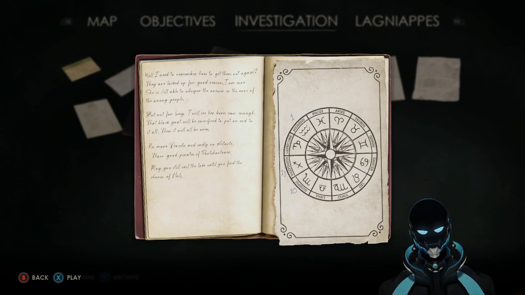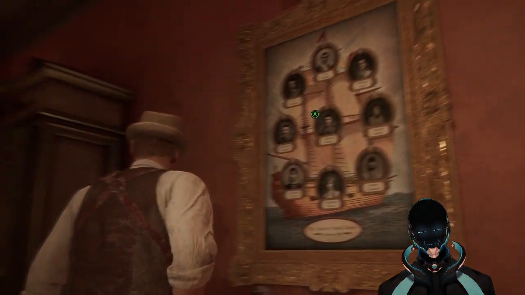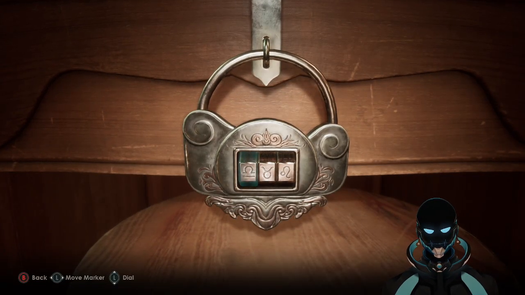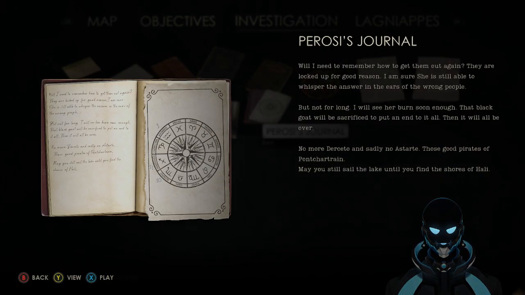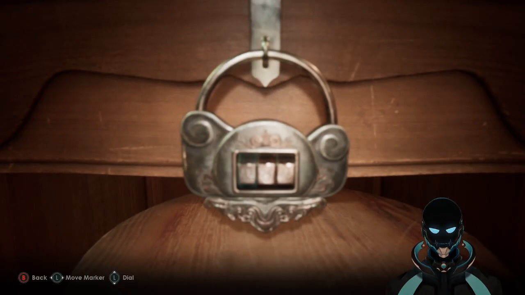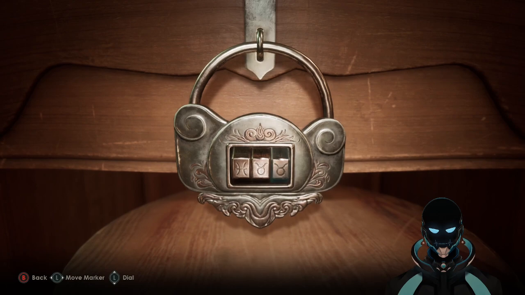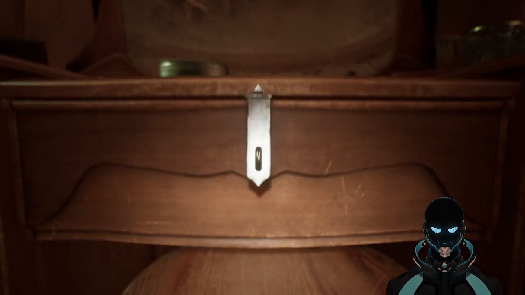Libra, Taurus. Pisces, Libra, Taurus. I already forgot what those are. Pisces is facing east. I know what Taurus is. Got it.